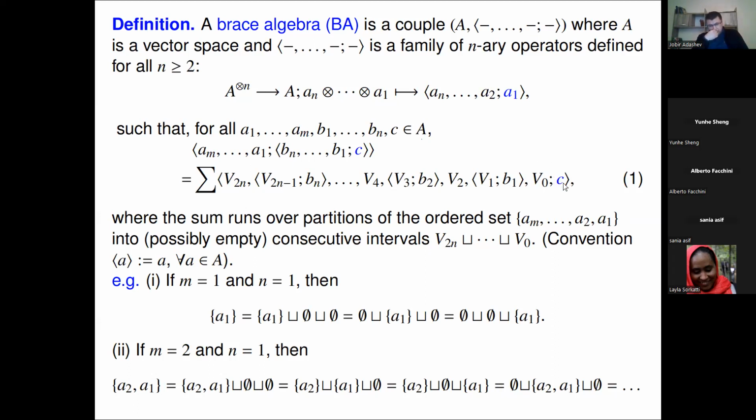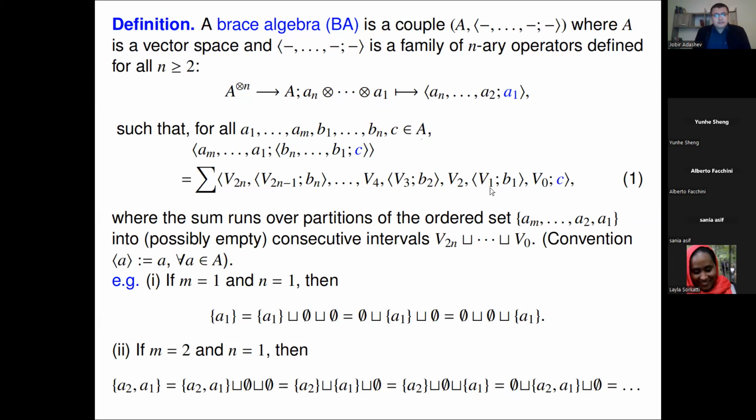So here, C is the same special one C, right? C is the same C, and here V0, V1 and B1 is a smaller bracket. If V1 has only one element, then this is a binary operator.